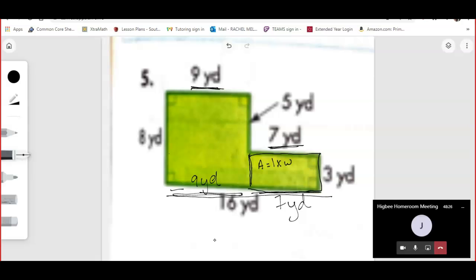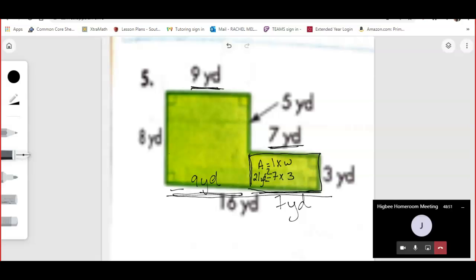That's why they're showing us the 16. Okay, so my length here is 7. And what's my width? 3. All right, so what's my area? 21 what? Square yards. Okay, very good.